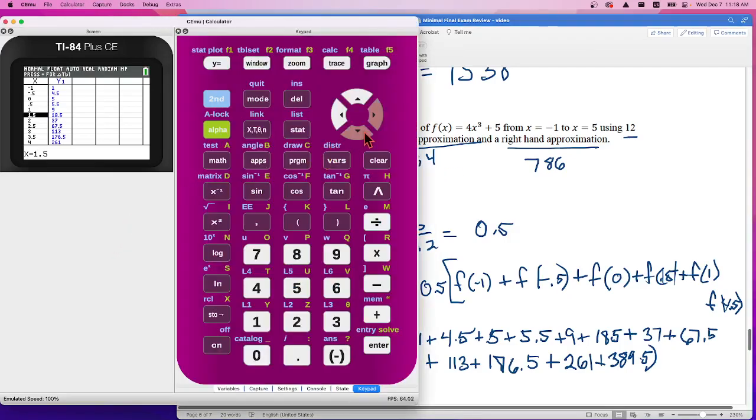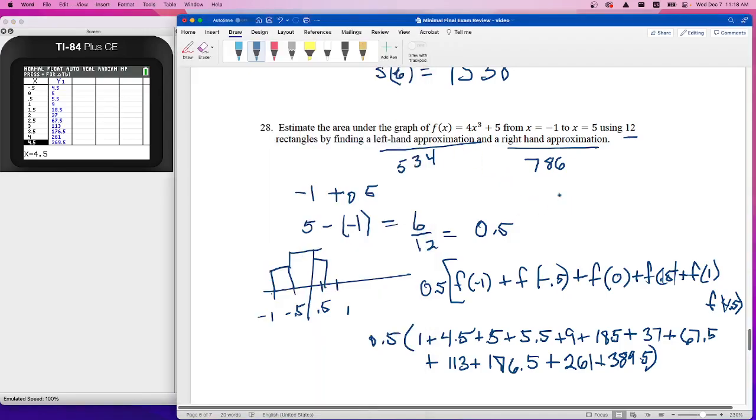And see, oh, it's 369, not 389.5. Maybe I should put my glasses on. Okay, so that makes sense. 369. So that's 20 less.